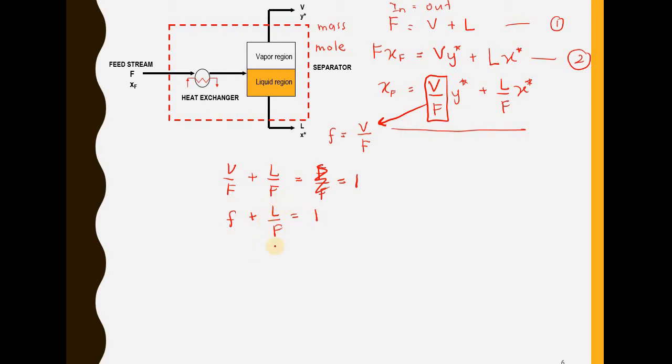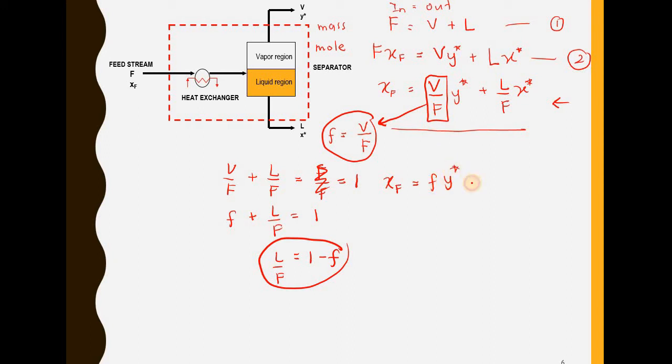If I want to change L over F, L over F is equal to 1 minus f. So I will put this equation and this equation into the main equation. It will become XF is equal to V over F, which is f, times Y star, plus L over F, which is 1 minus f, times X star.